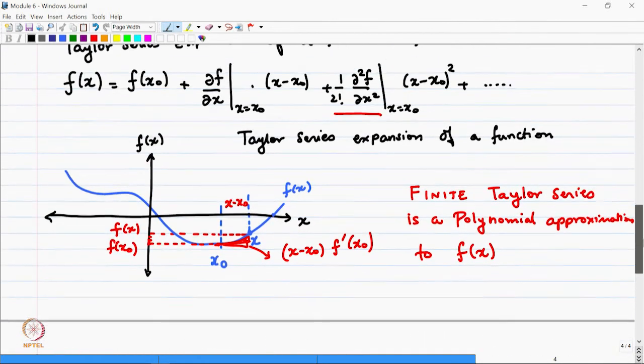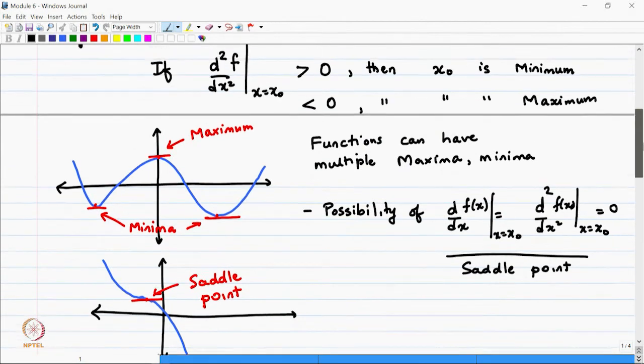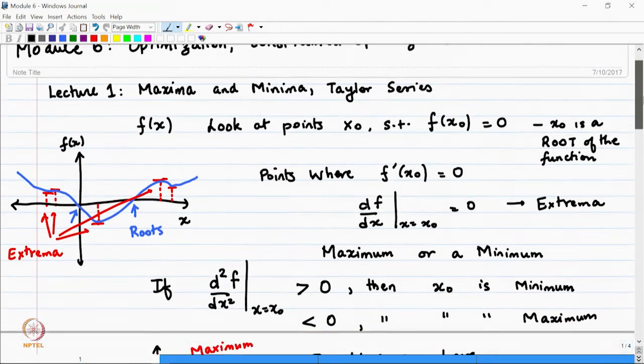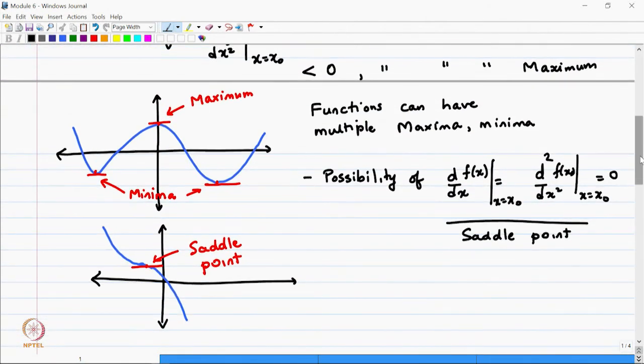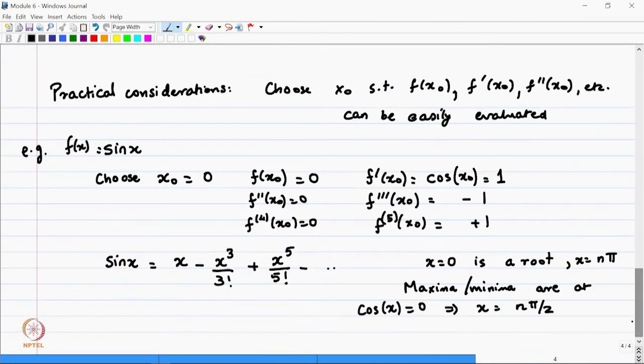Functions can also have saddle points, but in this case you do not have any. So, sin x has no saddle points, which is very obvious because you cannot have both the first derivative and the second derivative go to 0. This is one of the features of sin x.